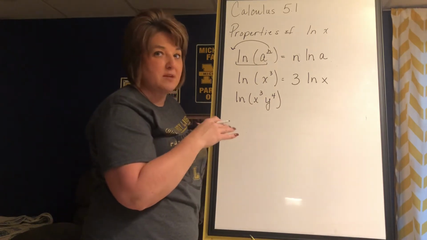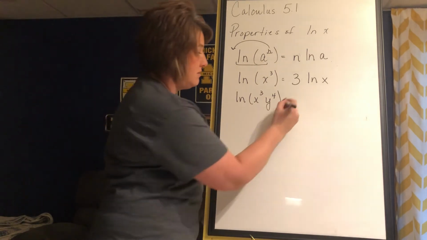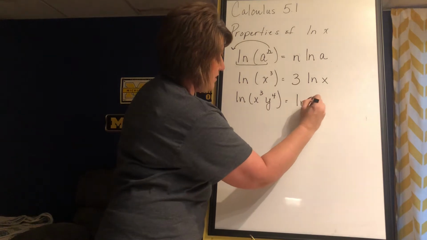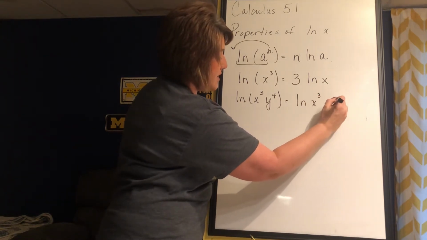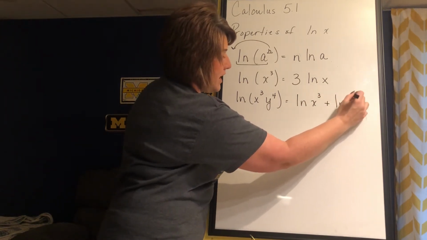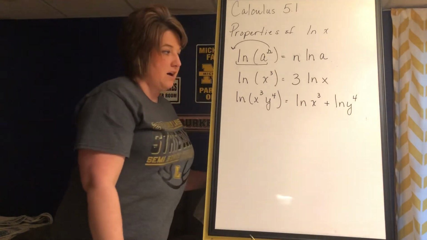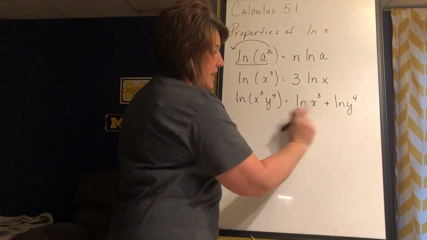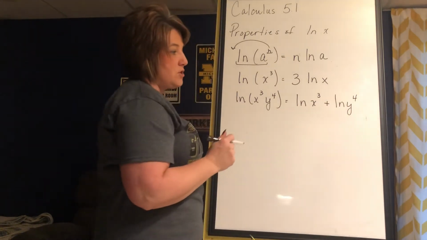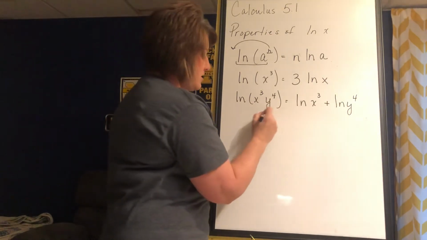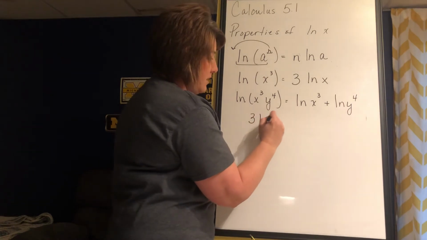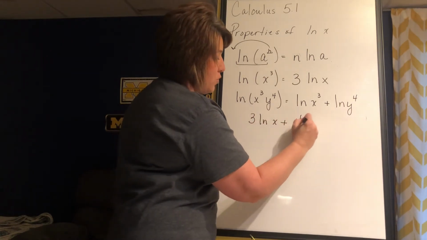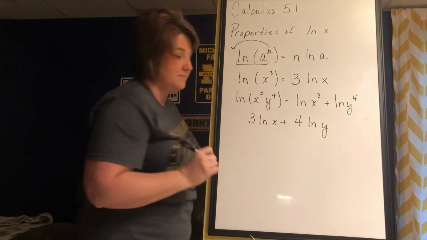So I'm going to expand by separating them into addition. So I have ln of x to the third plus ln of y to the fourth. And now if I want to keep expanding, these are exponents, so I can bring them out front. So this will be 3 ln x plus 4 ln y.